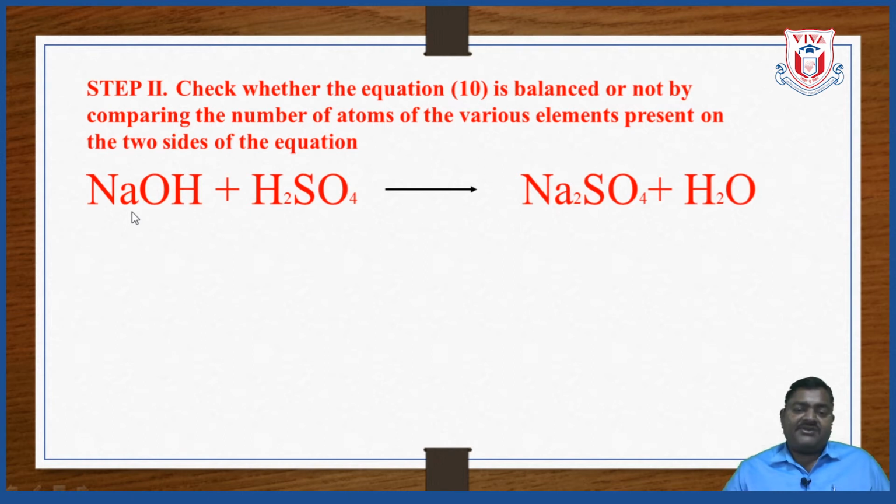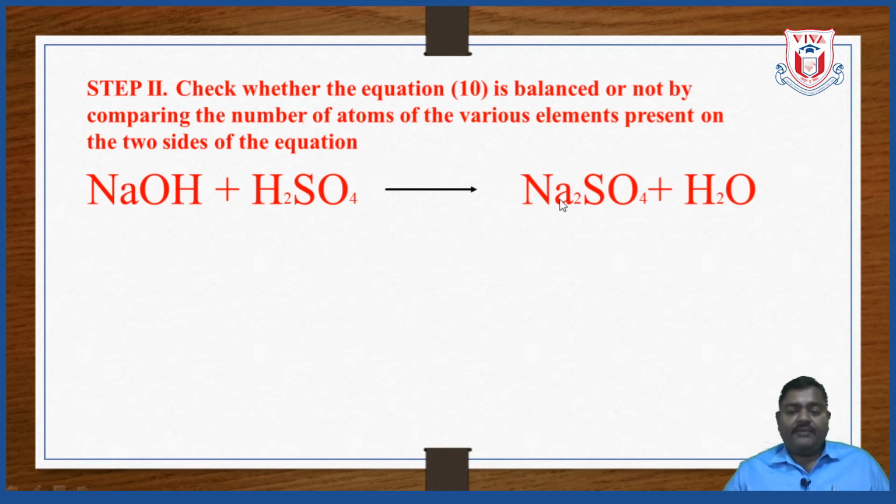Na means sodium. Na म्हणजे sodium. O means oxygen. H means hydrogen. Okay. Then H2, again here hydrogen. S is sulfur. O again oxygen.